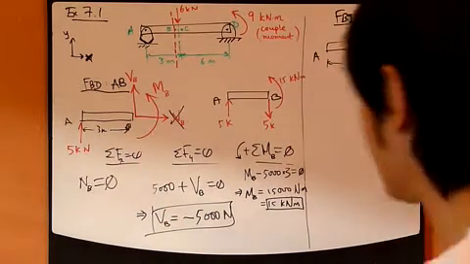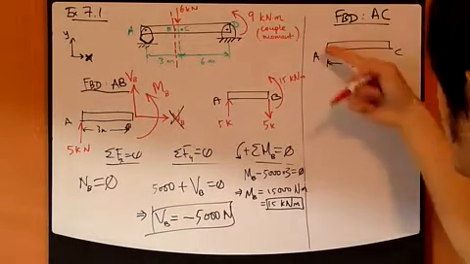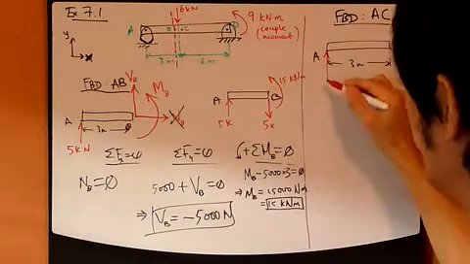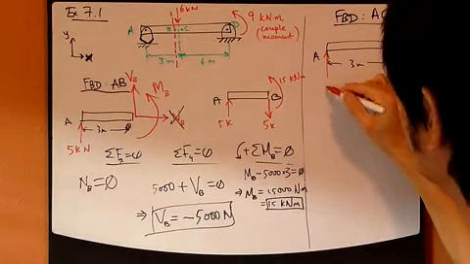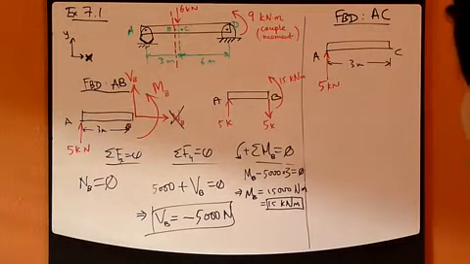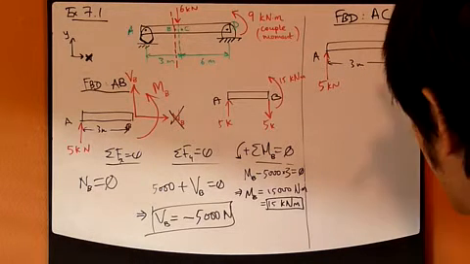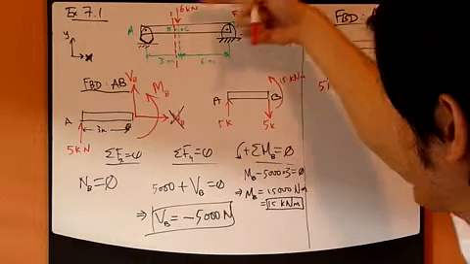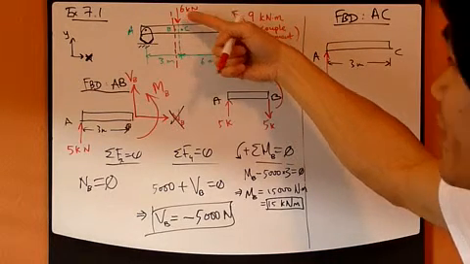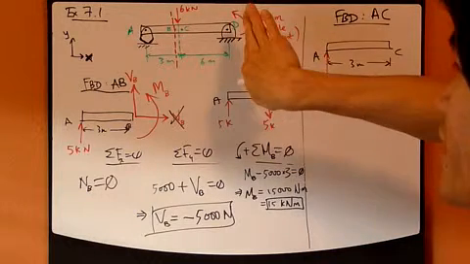Except now, for the free body diagram, same as AB, I have 5,000 newtons going up. For this AC section now, I have to take into consideration the 6,000 newtons, because C is just to the right of it.